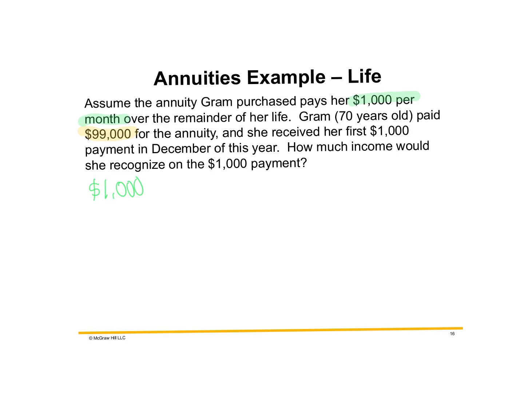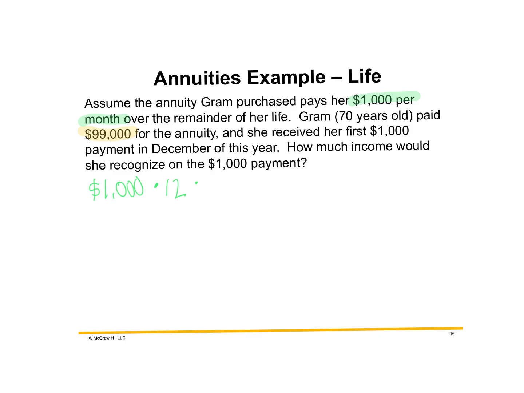So there are 12 months in a year, so we'll have to multiply by 12. And then we will also need what is called the expected return multiple. So in the textbook in Exhibit 5, that provides that expected return multiple that we will need to multiply our annual $12,000 that we would expect to receive, that $1,000 per month.